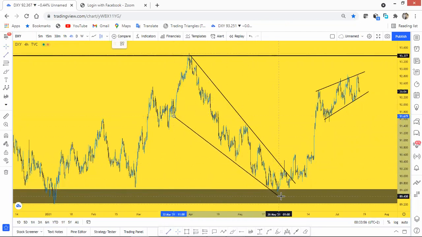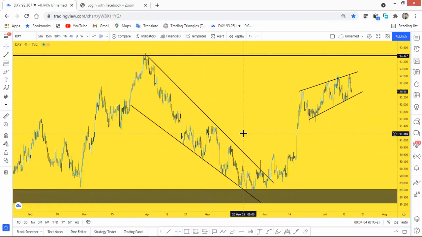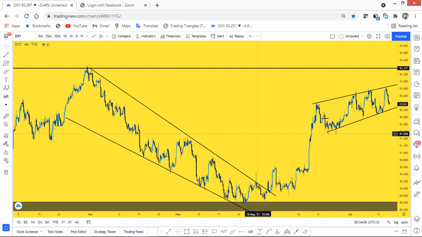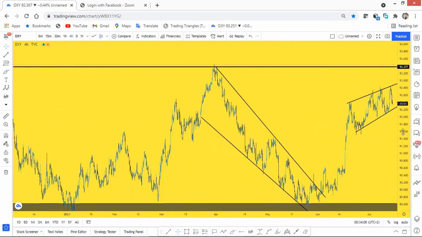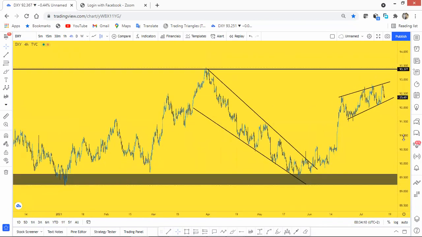It kind of looks like a not so perfect ascending channel to me. It may look like something else to someone, but it doesn't matter. You don't need to know its name. We have this pattern here.